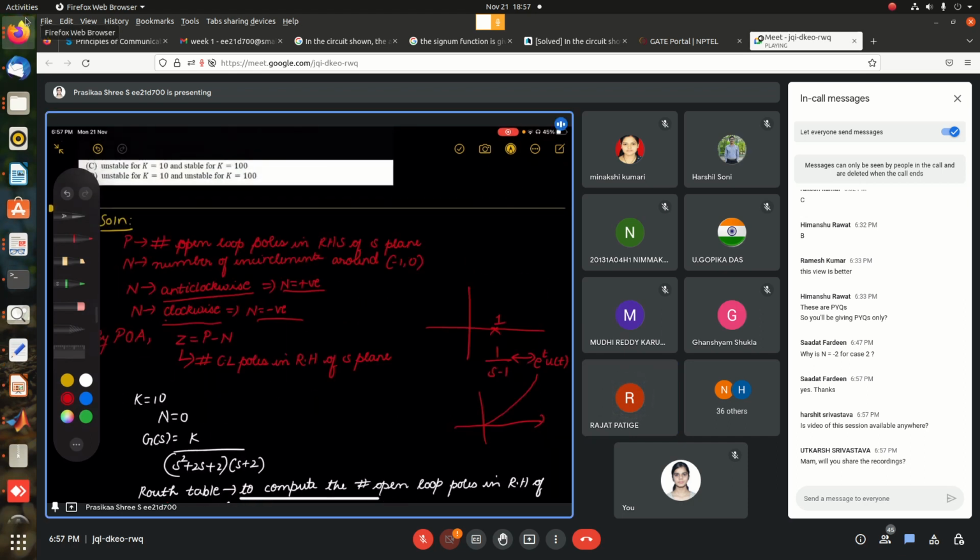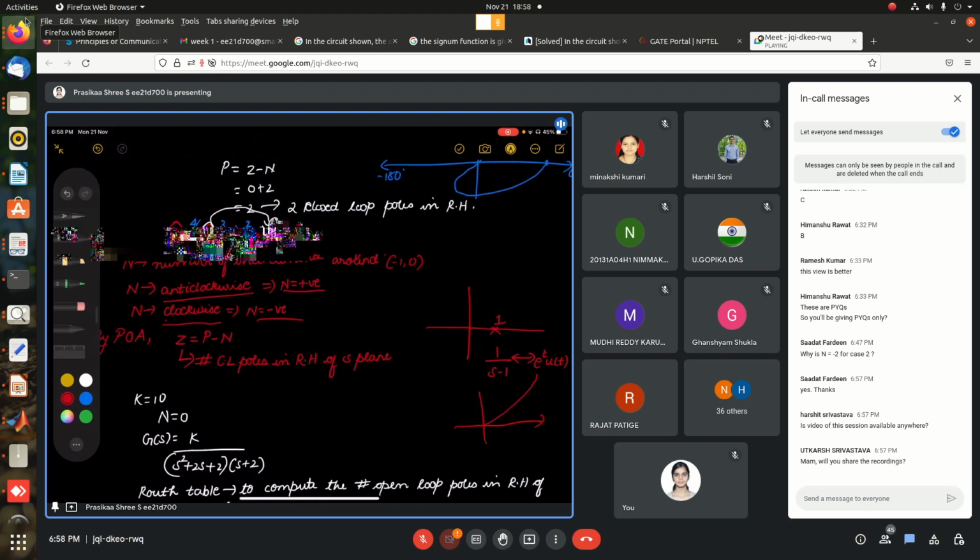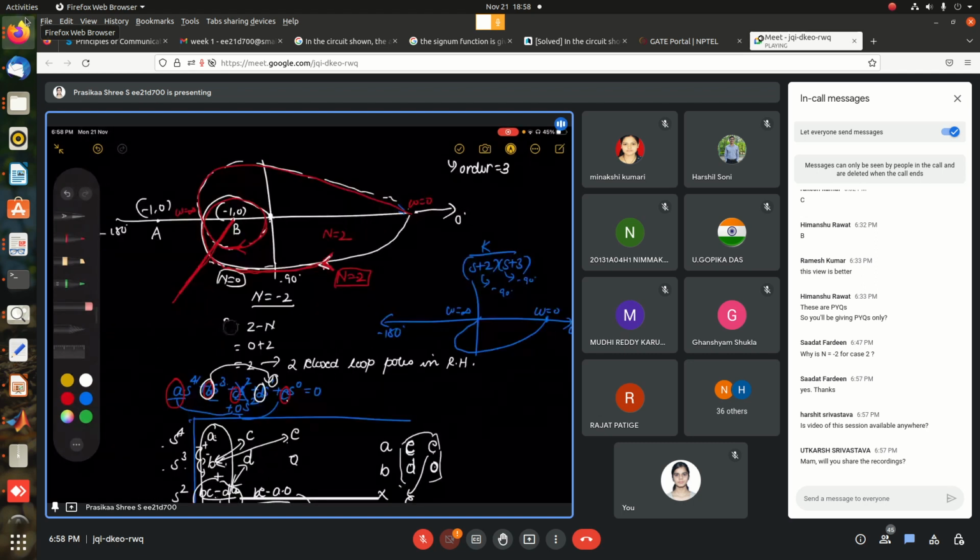See, P is nothing but the number of open loop poles in the right half of the S-plane. Z is the number of closed loop poles in the right half of the S-plane. What are closed loop poles? For stability, we are going to talk about the poles of the closed loop transfer function, right? So here, I guess I confused.